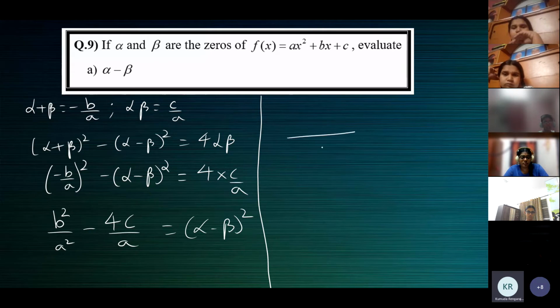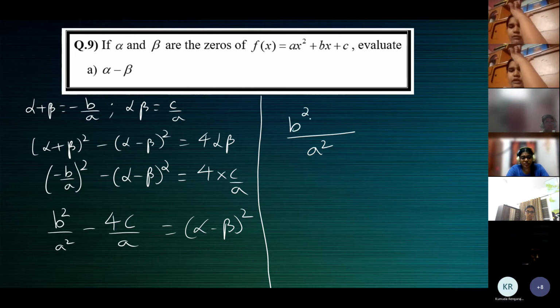What is the LCM of a square and a? A square, ma'am. A square. So what will I get in the numerator? B square minus 4ac, very good.